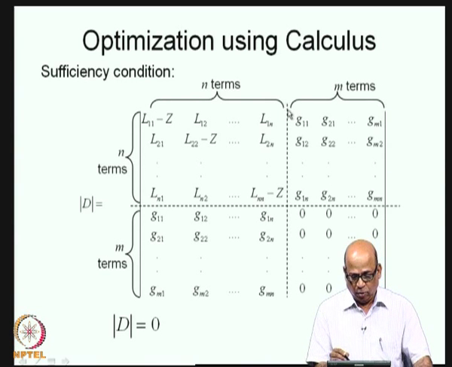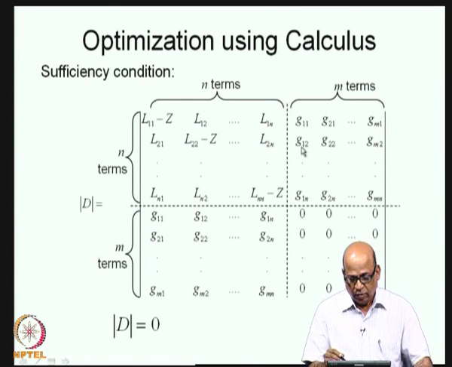Then we introduce the next m terms here. This is the first partial derivative of the first constraint with respect to first variable, second constraint with respect to first variable, etcetera, mth constraint with respect to first variable.